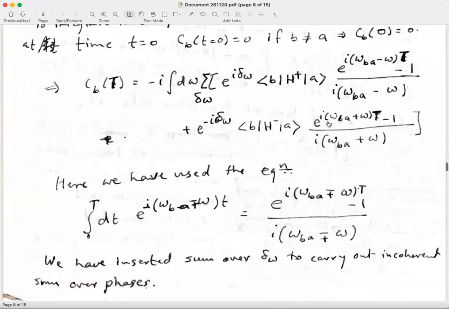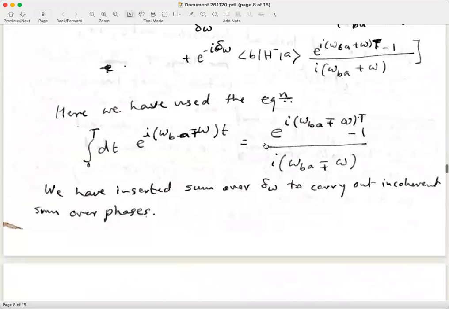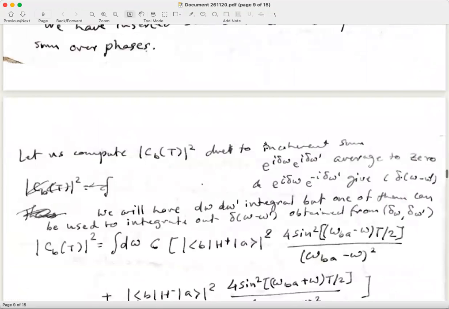That is the reason why we call it incoherent. Had it been coherent, you would have also got a cross term of b h plus a star multiplying b h minus a, and the complex conjugate of that. Okay, we don't have that piece.